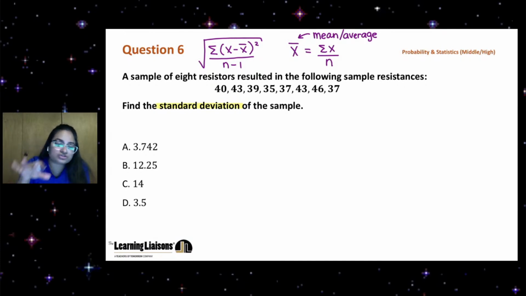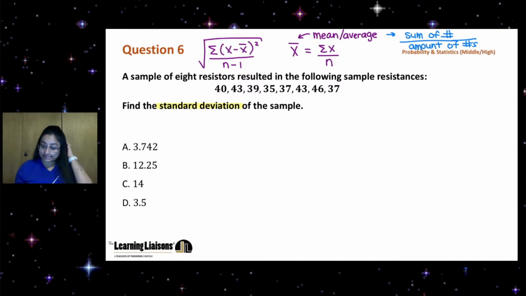Without looking at those fancy symbols, everybody knows how to solve for the mean. Everyone knows how to solve for the average. To solve for the average, you're going to add up all the numbers that you have and divide by how many numbers you have. The sum of numbers divided by amount of numbers. So what is the sum of all of our numbers?